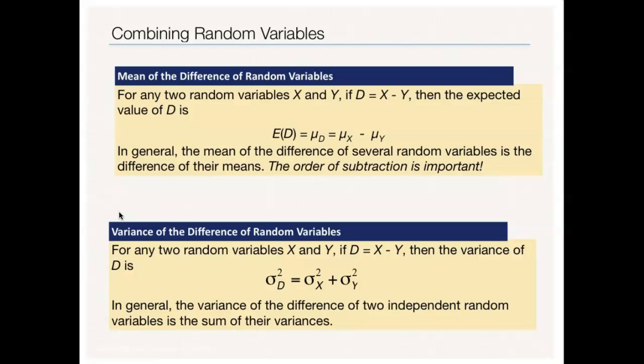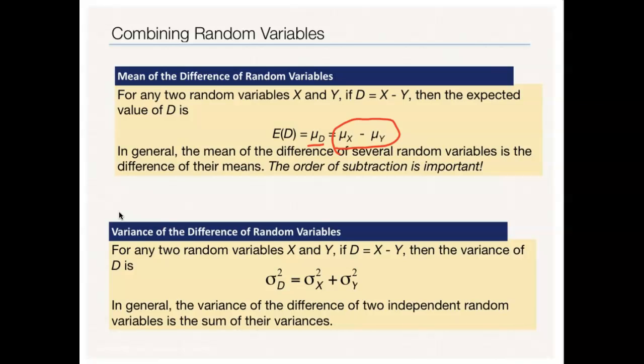All right, let's talk about when you're combining by subtraction. So if you're taking the difference of two random variables, x minus y, again, the mean is pretty intuitive. To find the expected difference, aka the mean difference, you just subtract the means.